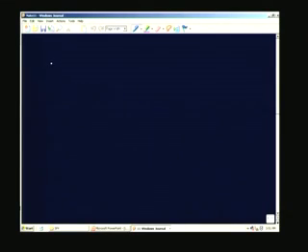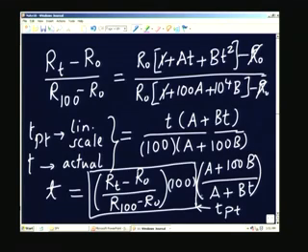So, I can rewrite that as T_PT, that is the first factor, multiplied by A plus 100 B divided by A plus B T. I will add plus B T to the numerator and also subtract B T from the numerator, so that I can write it in a slightly different form.